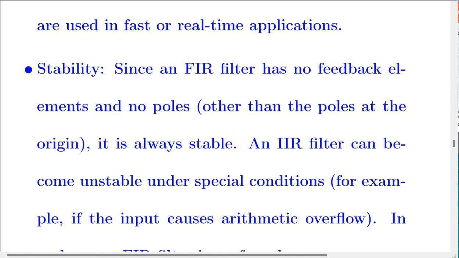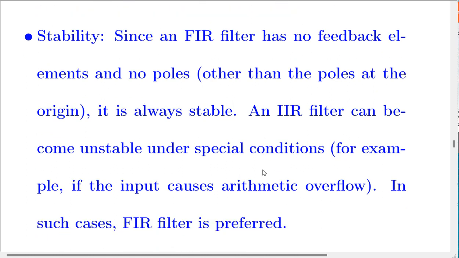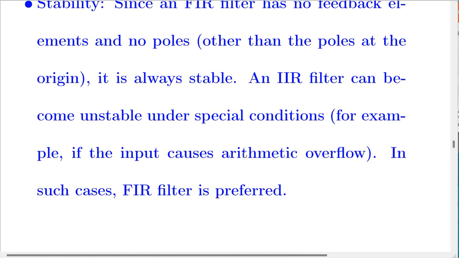Hopefully, we hope that it will tend to limited values or zero. Otherwise, IIR will be unstable. Anyhow, an IIR filter can become unstable under special conditions. For example, if the input causes arithmetic overflow. In such cases, FIR filter is preferred.